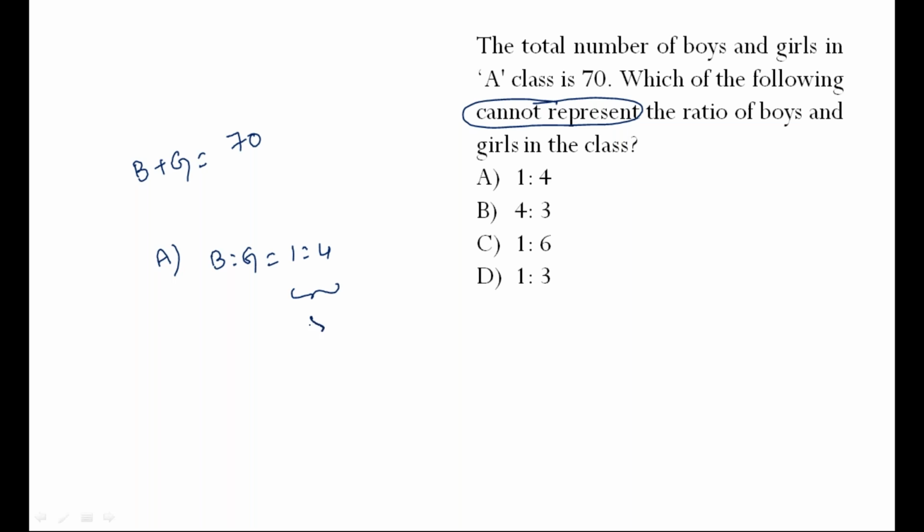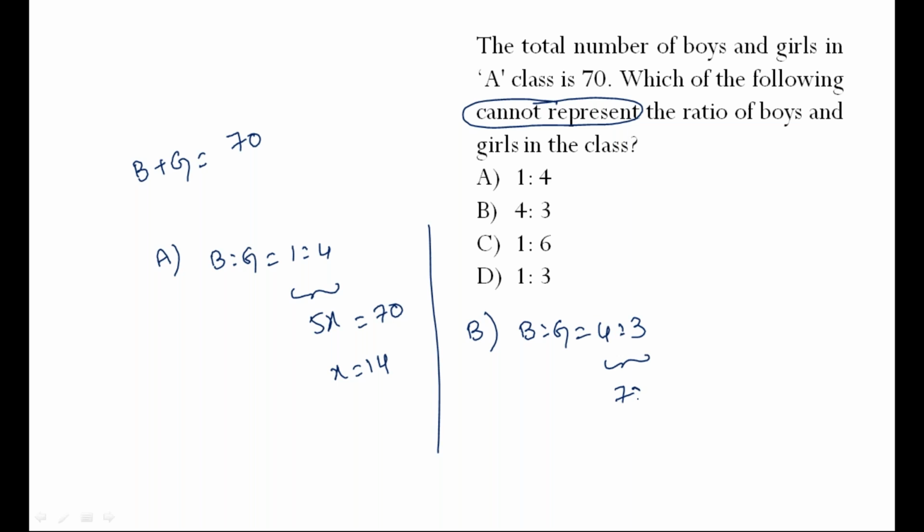Total this is 5x. 5x equal to 70, x equal to 14. Yes, you can represent boys and girls, no problem. Whereas next one, boys and girls is 4:3. This is total 7x. Total strength is 70. x equal to 10. Yeah, possible.